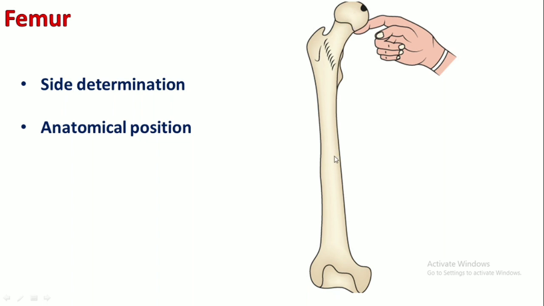The anterior surface of the shaft of femur is convex forward, and the lesser trochanter lies posteriorly, and intercondylar fossa lies posteriorly.